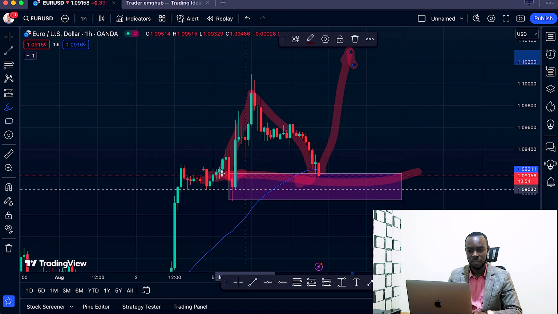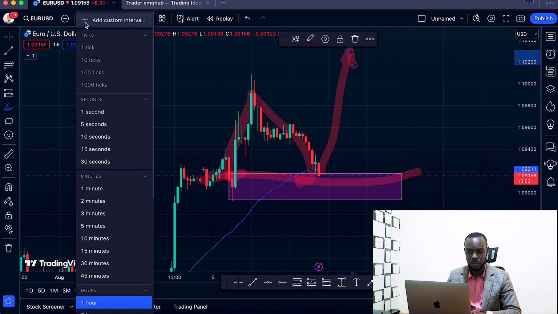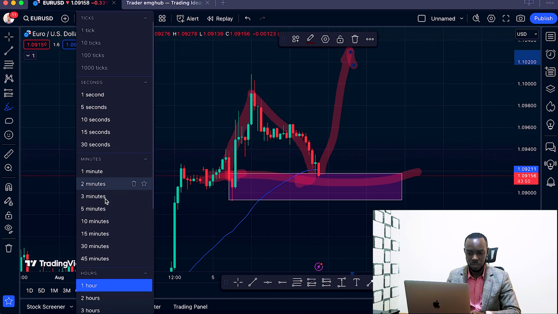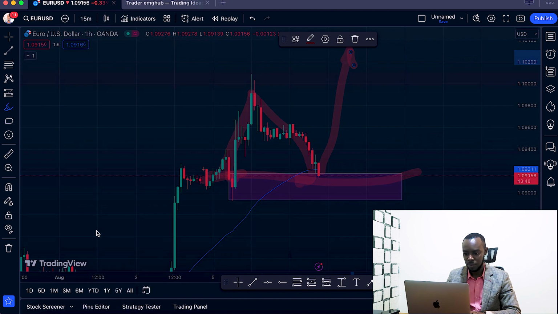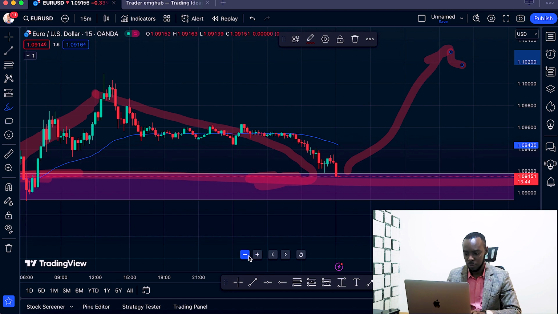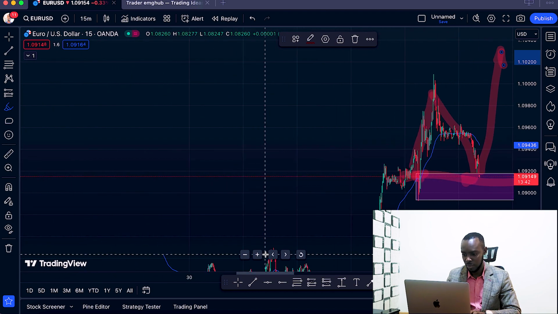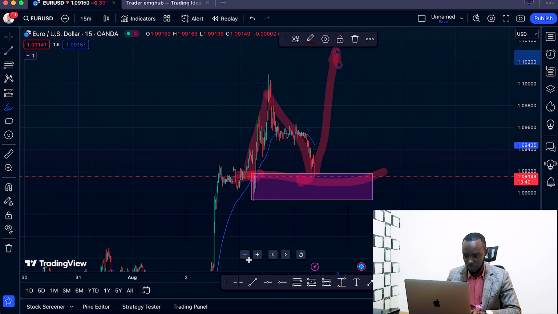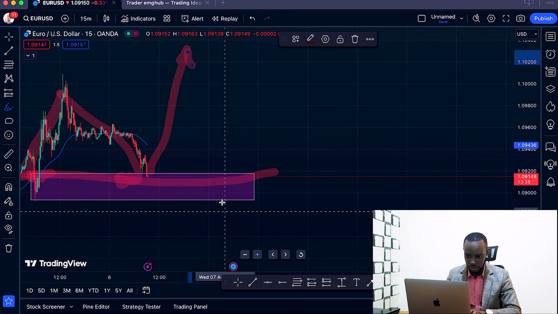So if you switch back to, let's say, the 15 minutes time frame, you still find that the market will look similar, because it's that same order block we'll be looking for.